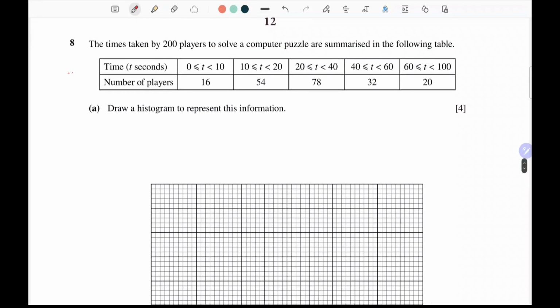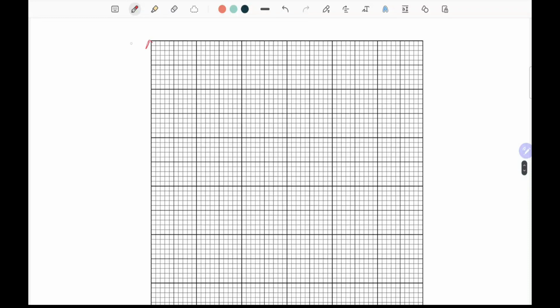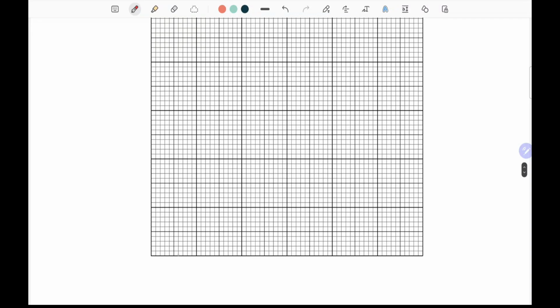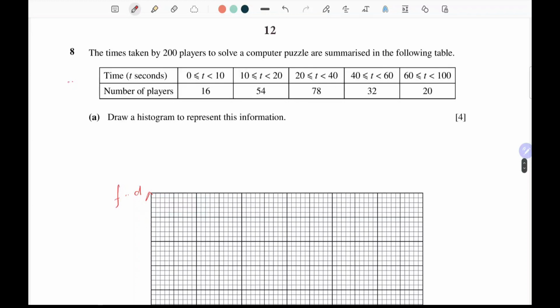Fine, so we need to draw the histogram, but okay, so this will be our frequency density, we know. This will be our time, but frequency density we need to find, right? How can we find frequency density, guys?